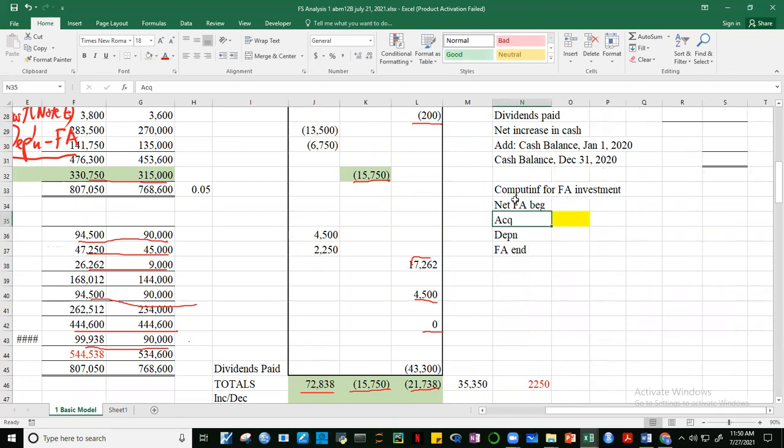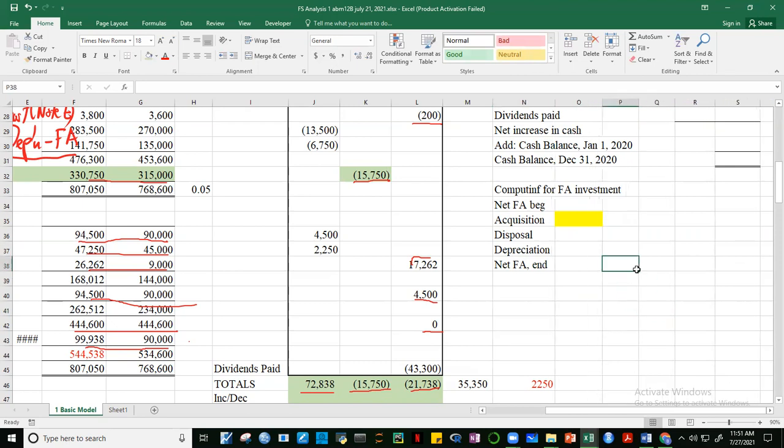Baguhin natin, and then this, completuhin natin to: acquisition, and then dagdagan natin to disposal, and then depreciation, kompleto ko na lang para mas clear, and then net fixed assets. Alright, yan. Okay, now, ang kailangan natin malaman, magkano ba to?